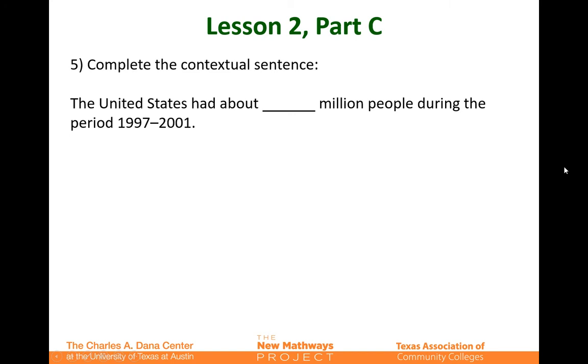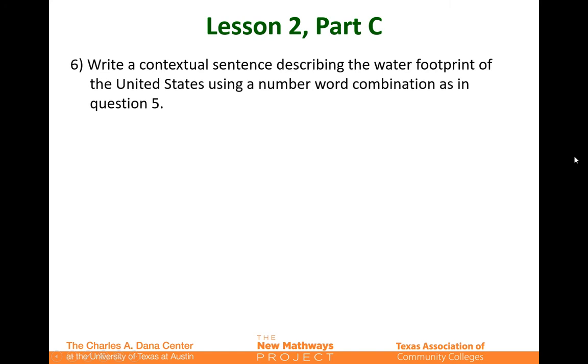Complete the contextual sentence. United States had about 280 million people during the period 1997 to 2001. Write a contextual sentence describing the water footprint of the United States using a number-word combination as in question 5.